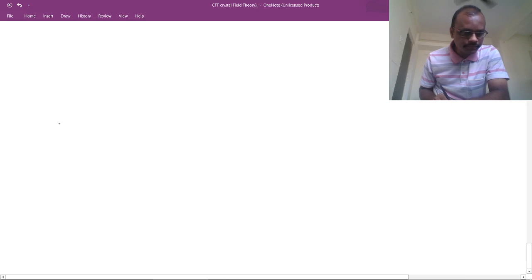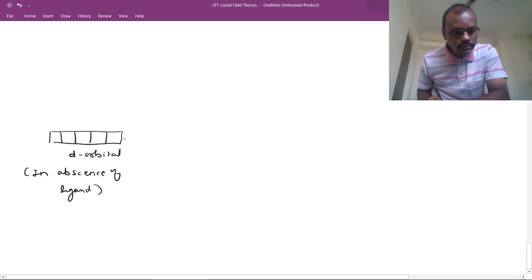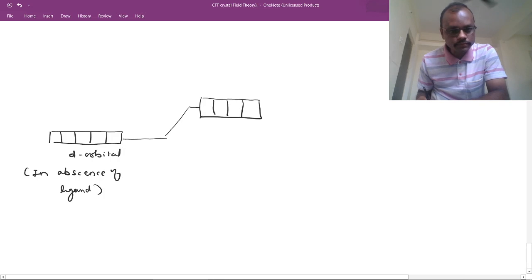Now let's see how these things can be shown diagrammatically. This is my d orbital, the five d orbitals, in the absence of ligand. Once the ligand approaches, the energy rises.